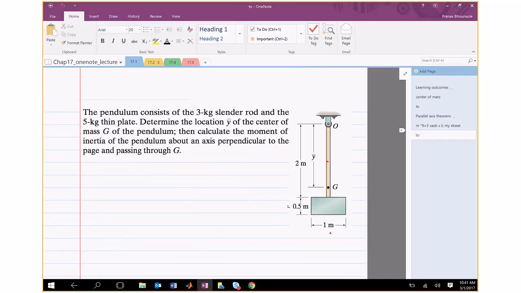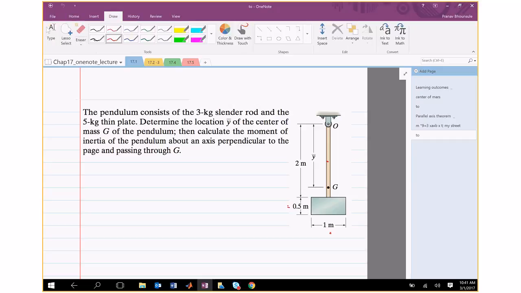Then calculate the moment of inertia of the pendulum about an axis perpendicular to the page and passing through G. So we're going to find the y prime, y dash, or y bar, and then find the inertia about G. The way we proceed is, first thing is find y bar.